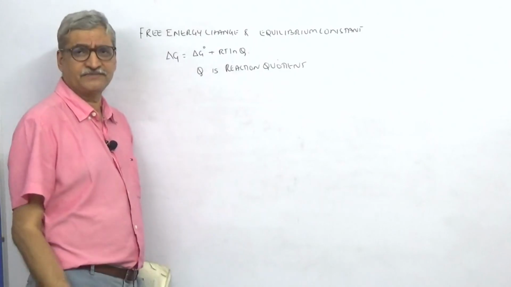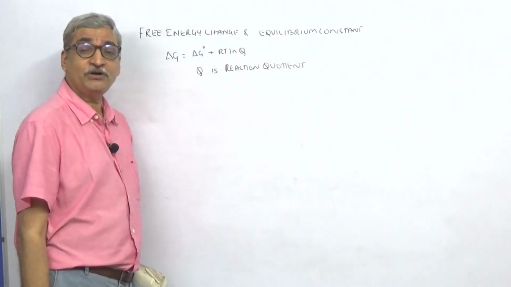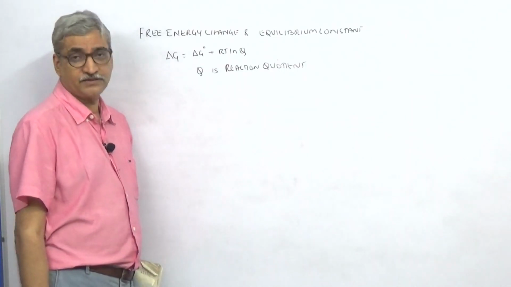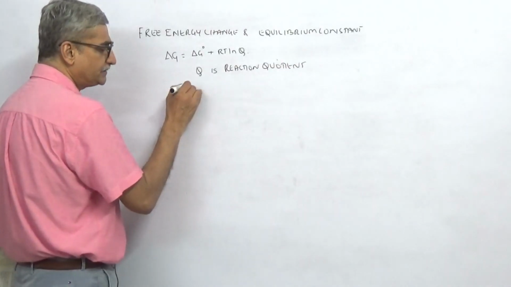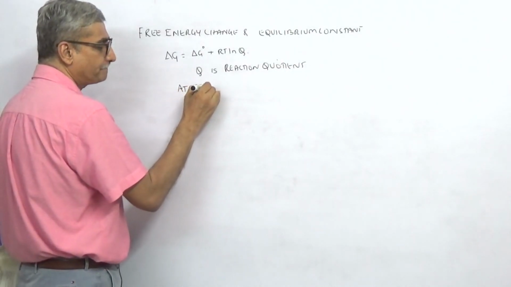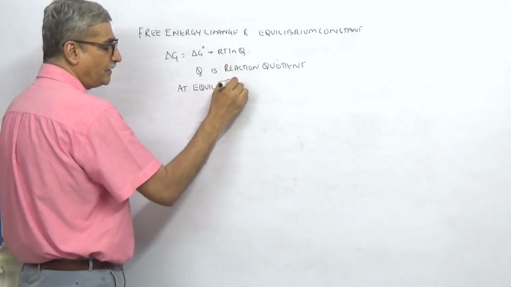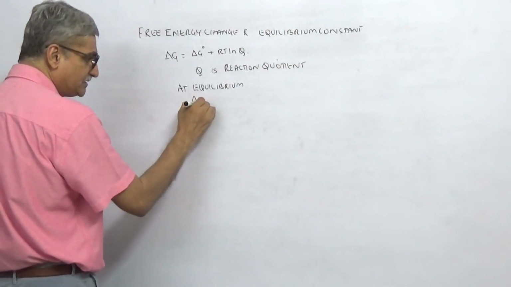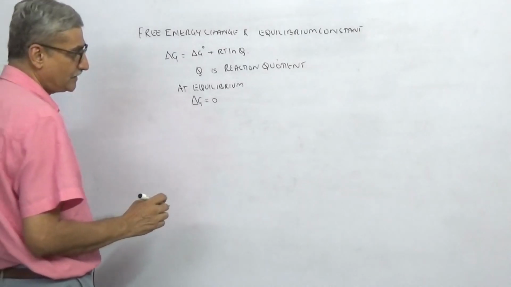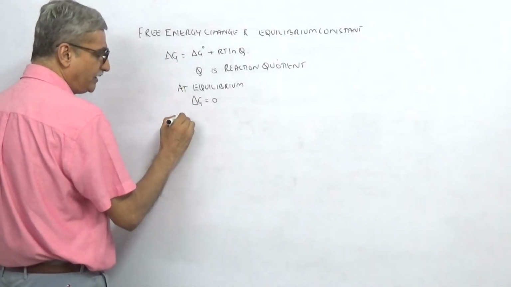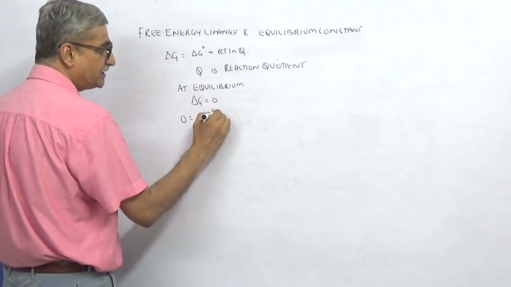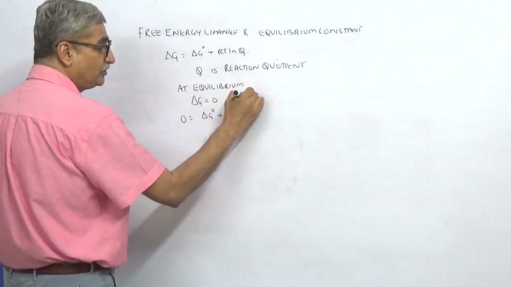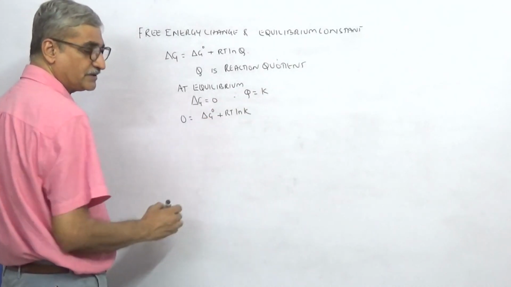Whenever we have a reversible reaction not at equilibrium, the ratio of the concentration of product upon the concentration of reactant is the reaction quotient. But at equilibrium, delta G, the free energy change, is equal to 0. So we get standard free energy change plus RT ln Q equal to 0, and Q becomes equal to K, the equilibrium constant.